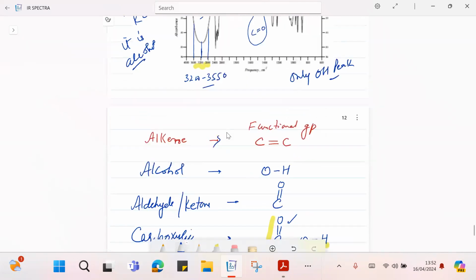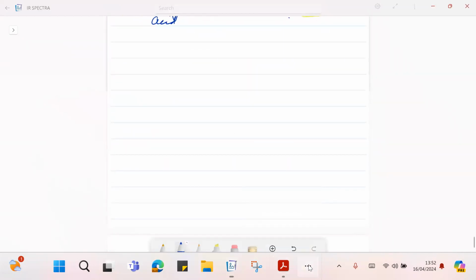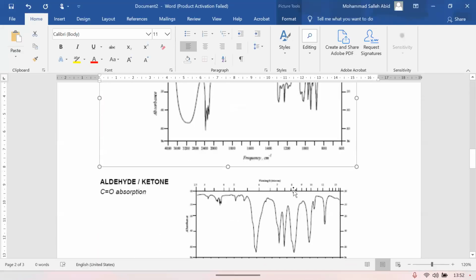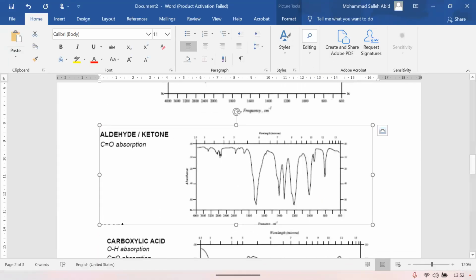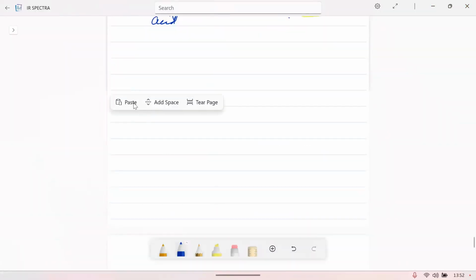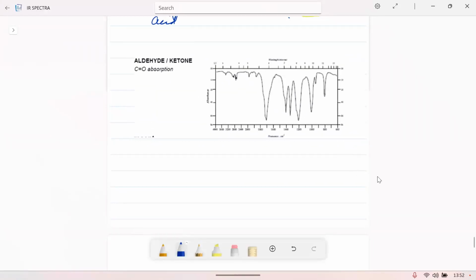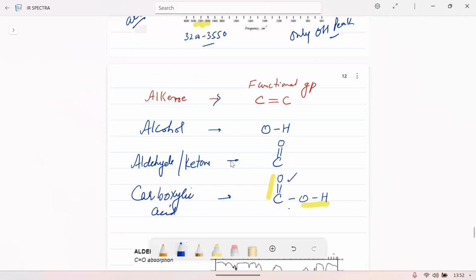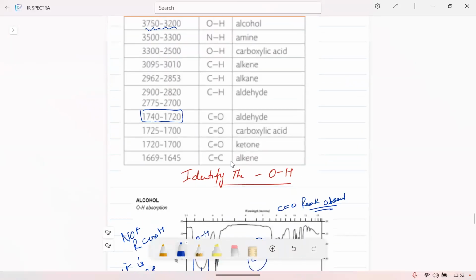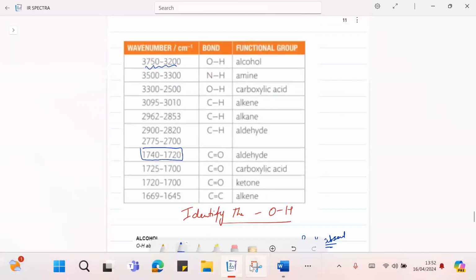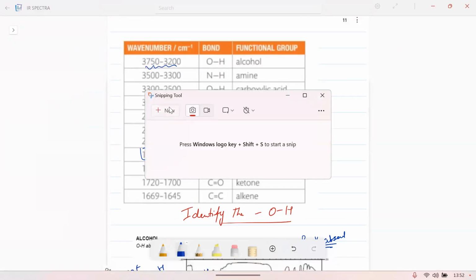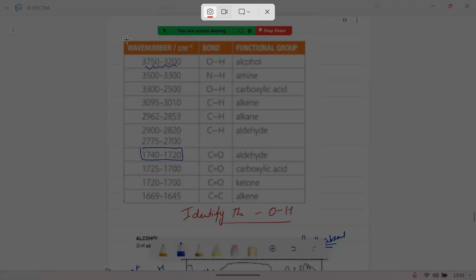Let's take another example. Now, if you look over here, the OH peak is usually over here, both for the carboxylic acid as well as the alcohol.